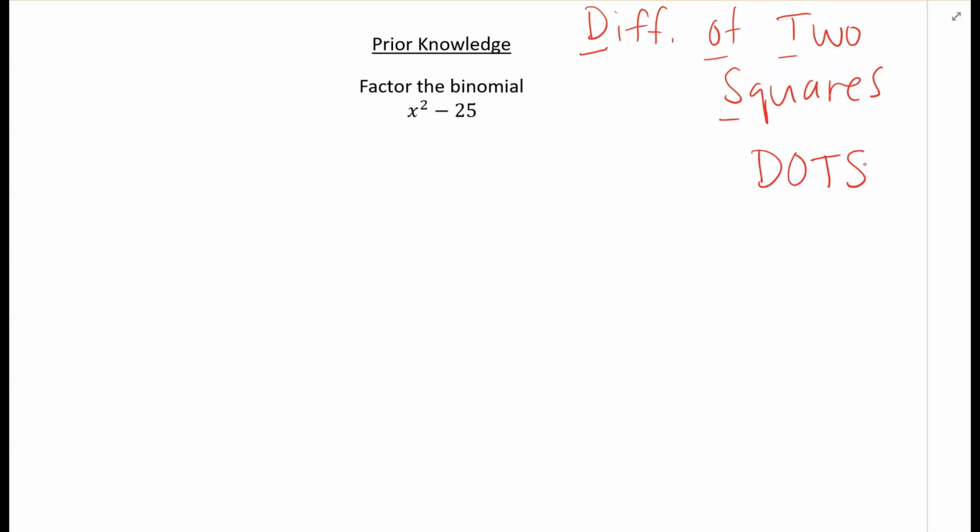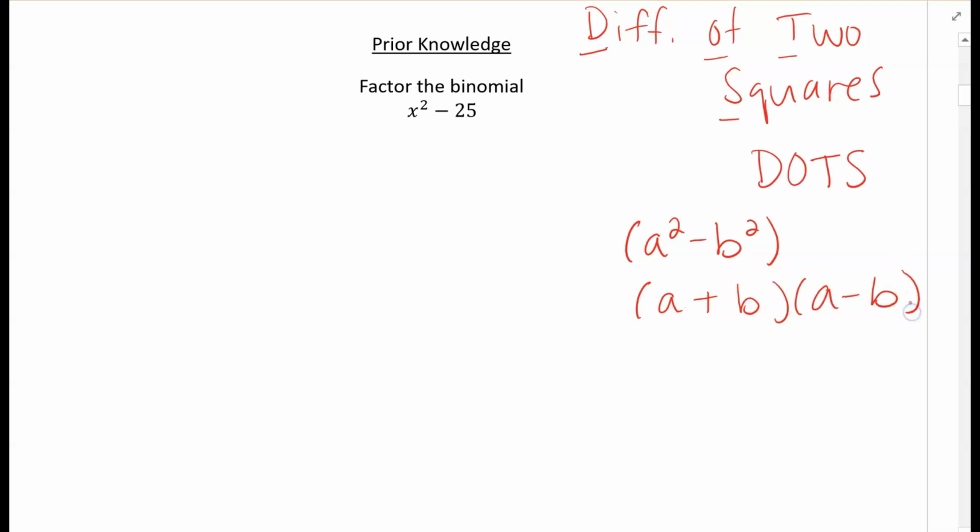So the rule for a difference of two squares is, if you have a squared minus b squared, to factor it you'll do a plus b and a minus b. So for this example, we've got x squared minus 25. To factor this, for my a value, the first term, a squared, I take the square root of it, and that gives me the a value.